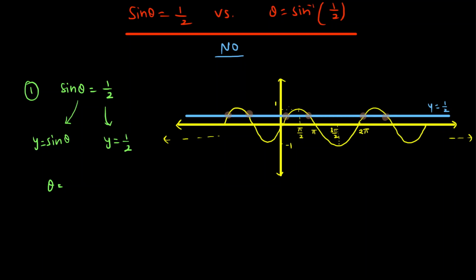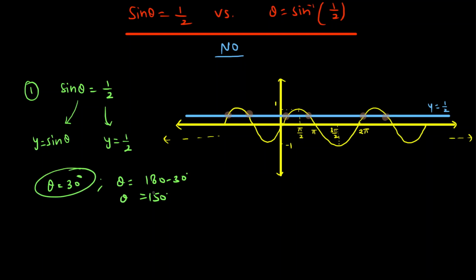So what is this first point? A little bit of playing with the numbers over here. We know that sine 30 degrees is 1 over 2. So one of the angles is 30 degrees, and since there is a symmetry, if this is 30 degrees from 0, going 30 degrees forward, likewise I can come 30 degrees backward from 180 to get another value. So 180 minus 30 is actually 150 degrees.